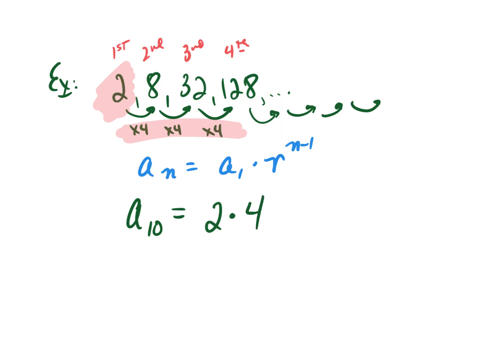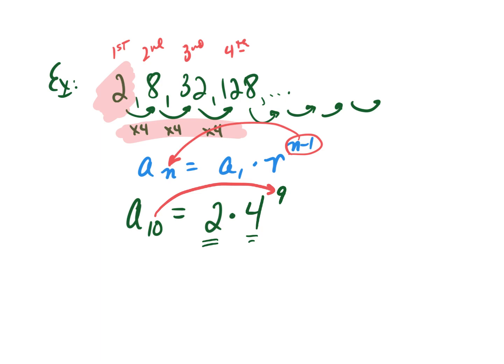And then, as I just mentioned, the exponent is always going to be one smaller than the term that we're looking for. So since we're looking for the 10th term, the correct exponent we're going to use is 9. All we need is the first term, 2, the common ratio, 4, and a number one smaller than the term we're looking for.